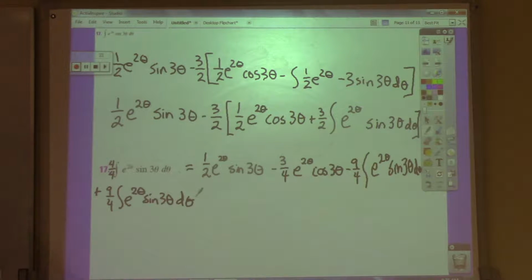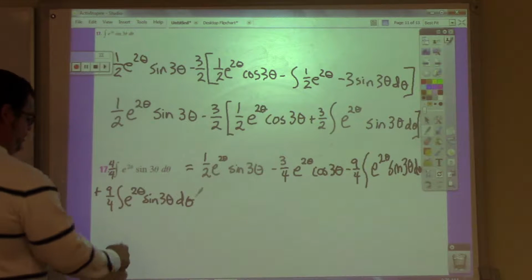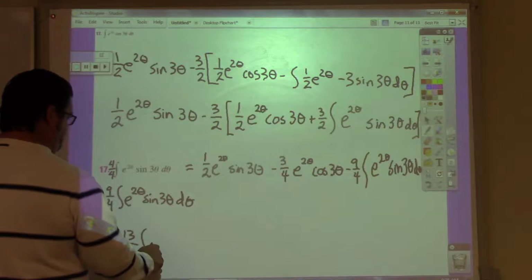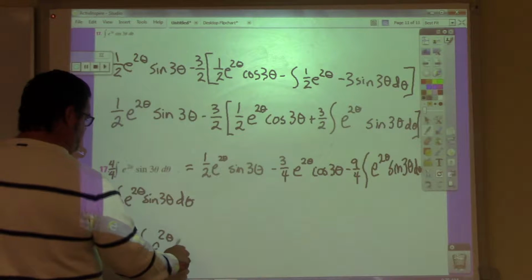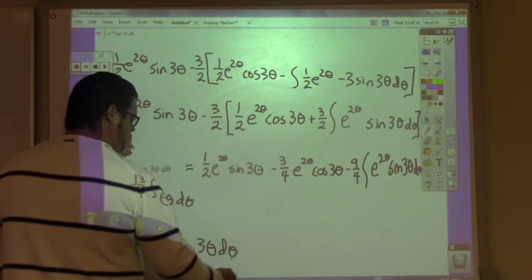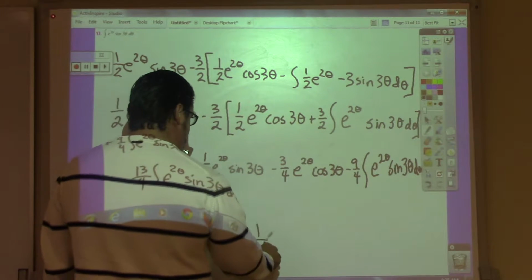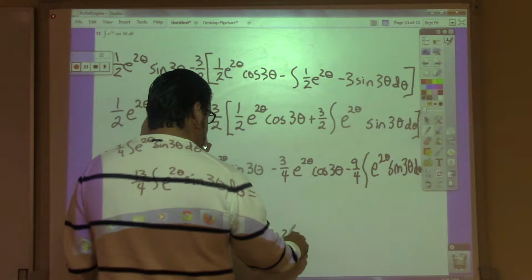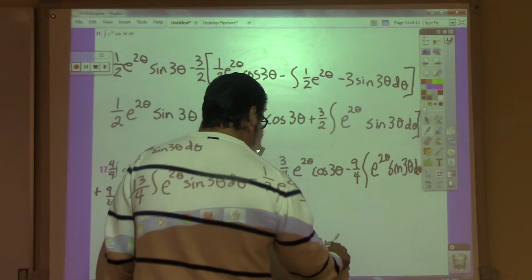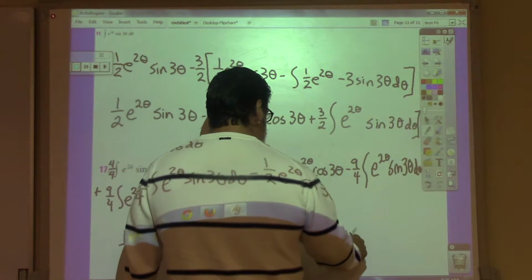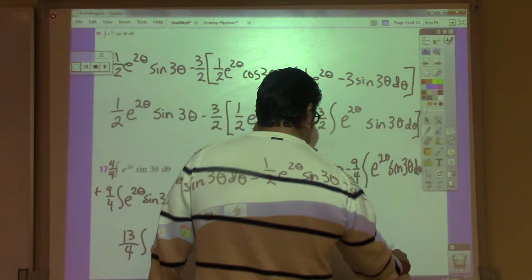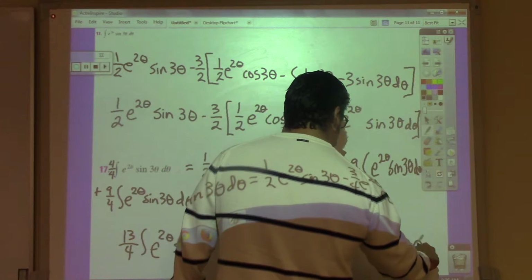So that's going to be what? 13/4 antiderivative of e to the 2 theta sine of 3 theta d theta is equal to 1/2 e to the 2 theta sine of 3 theta minus 3/4 e to the 2 theta cosine of 3 theta.